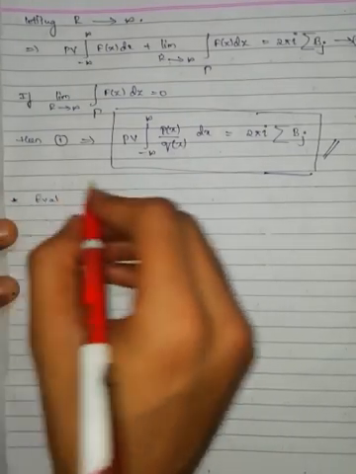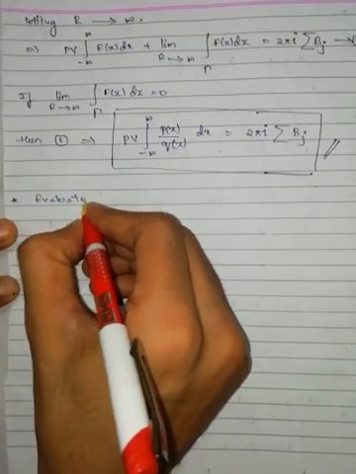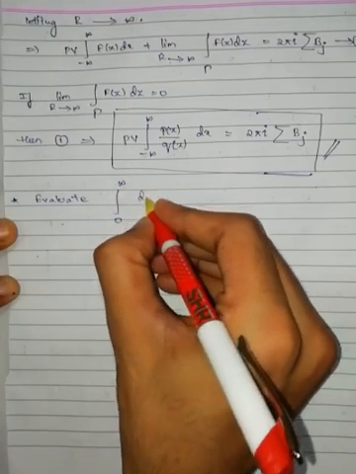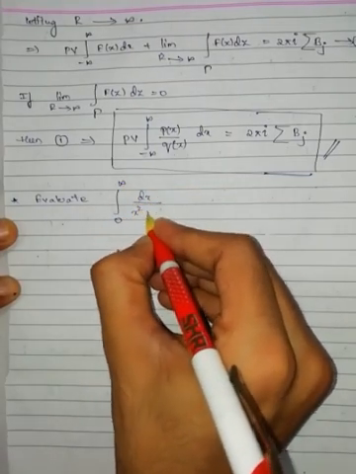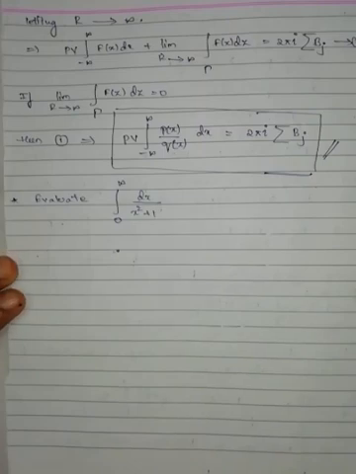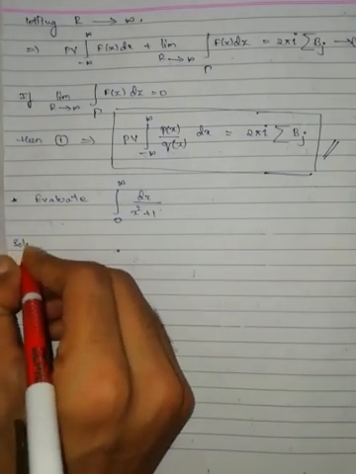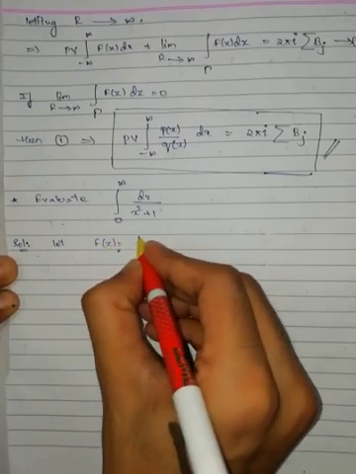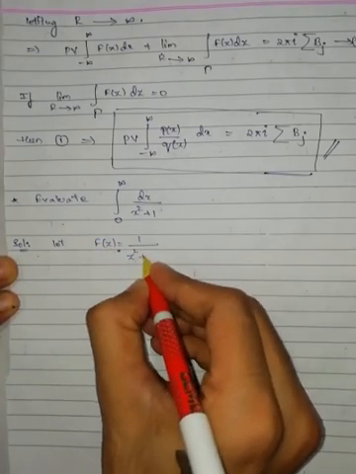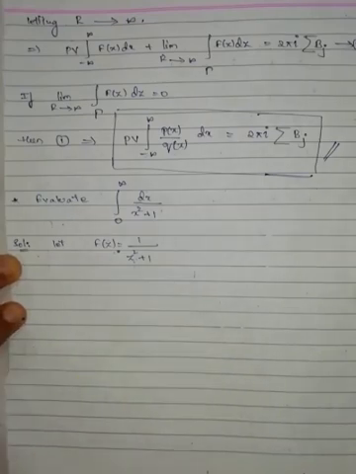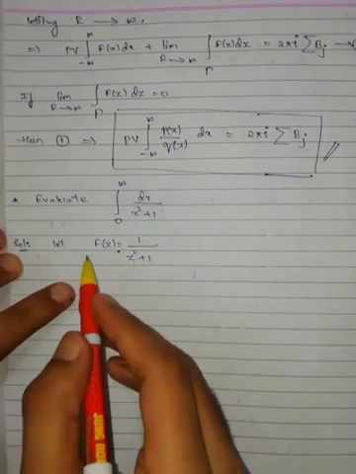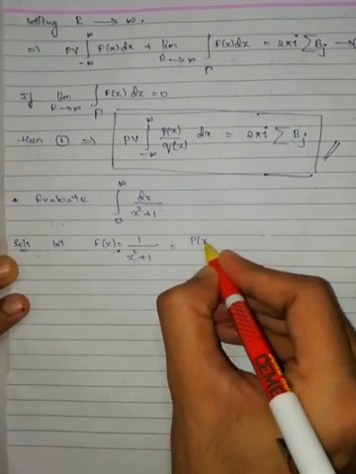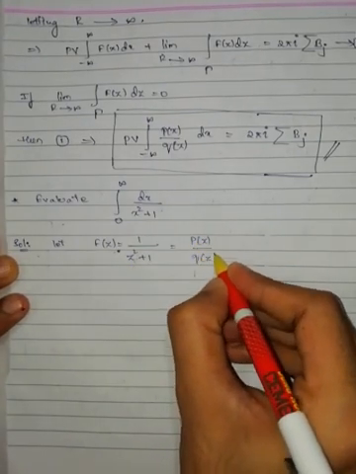Evaluate the integration from 0 to infinity of dx by x square plus 1. Solution. Let capital F of z be equal to 1 by z square plus 1. As in the working rule we have learned, let capital F of z be P of z by Q of z.